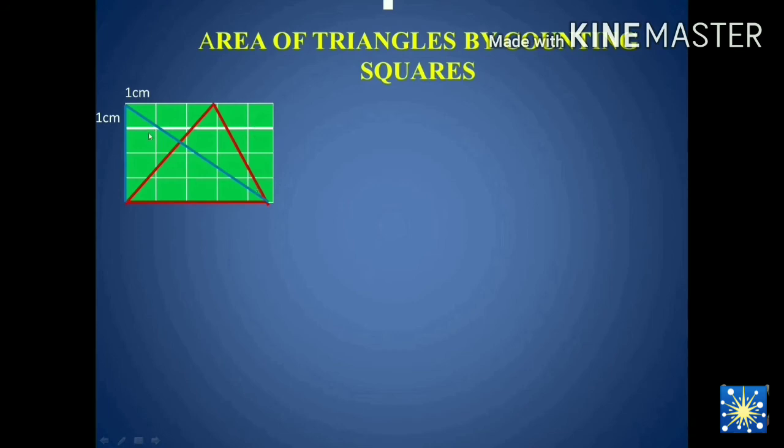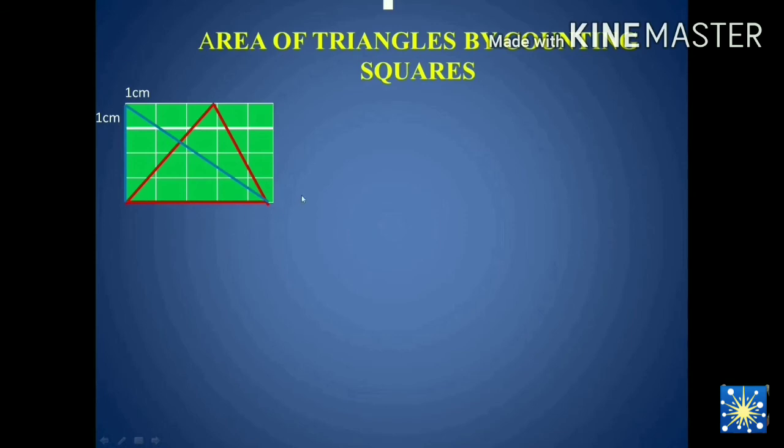So first we count the squares in first row. 1, 2, 3, 4, 5. Then 1, 2, 3, 4.